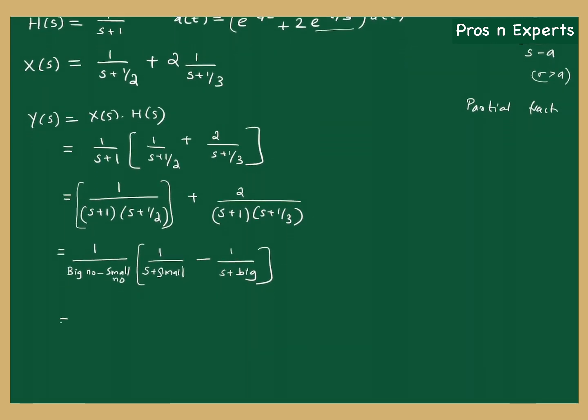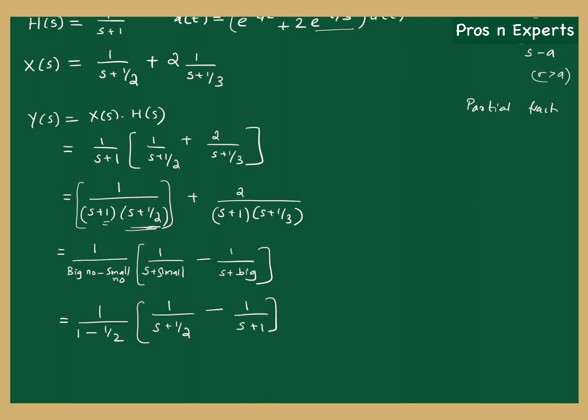That is equal to 1 by big number minus small number. What is the big number in this? Is it 1 or is it half? 1 is the big number, so 1 minus half, into 1 by s plus small number, which is s plus half, minus 1 by s plus big number, which is s plus 1.